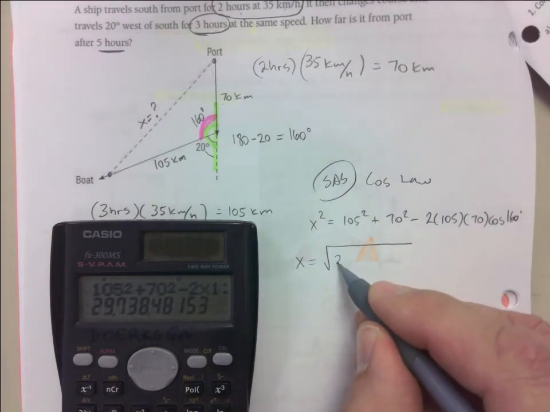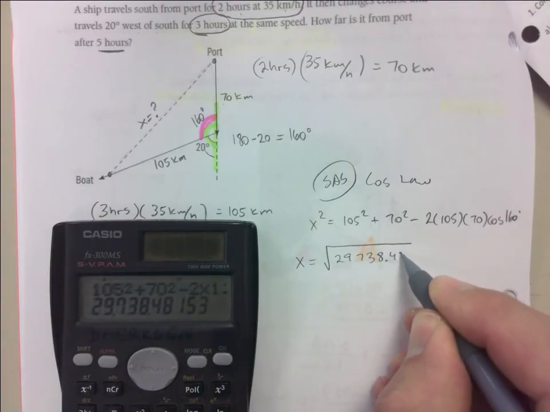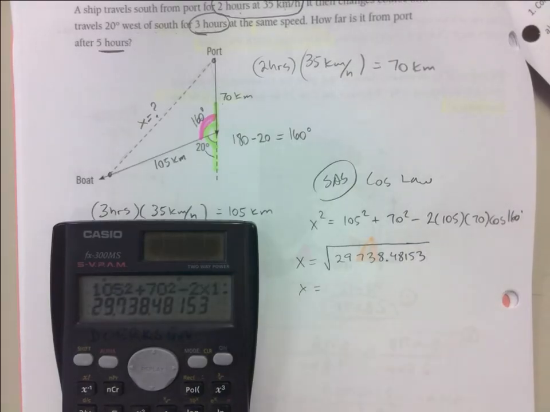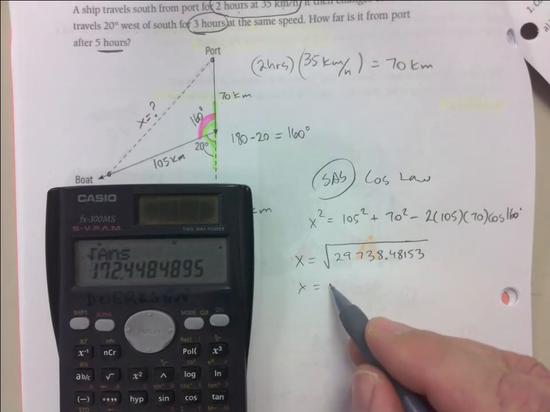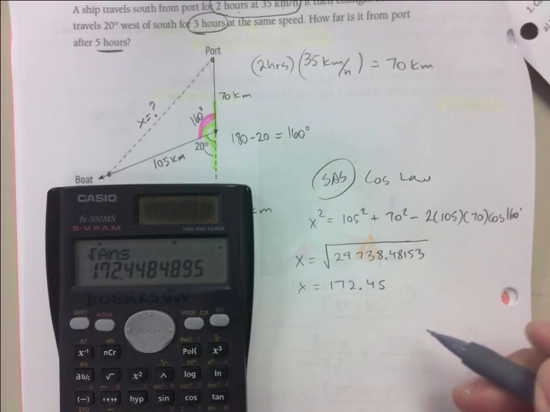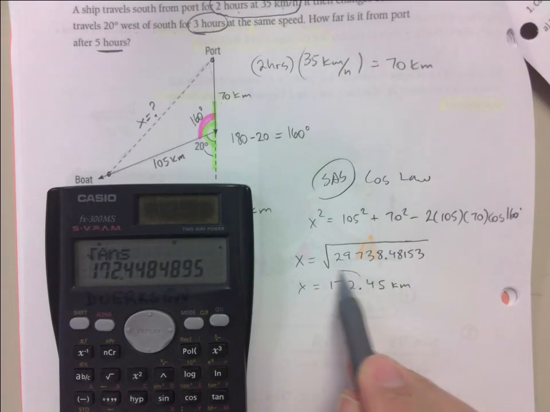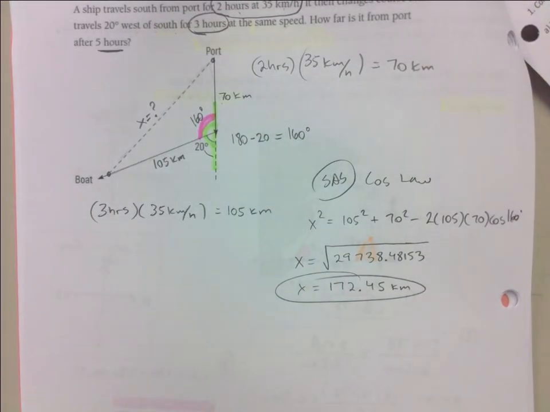I get 29,738.48153. Then I take the square root, and maybe you have to press the answer button. I'm not sure what your calculator is doing or what it needs. But this is what I get, 172.45 kilometers.